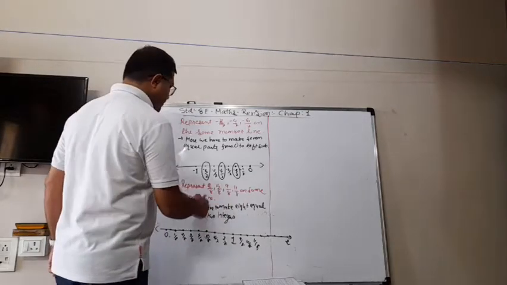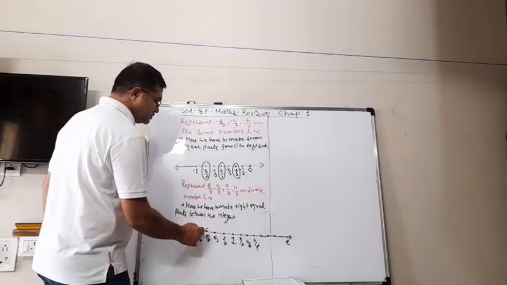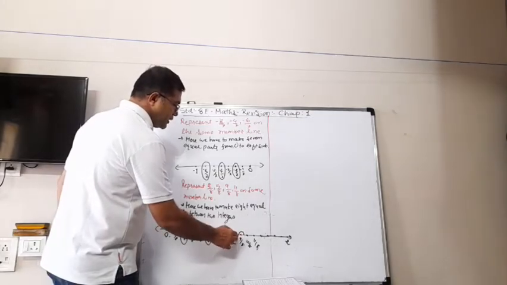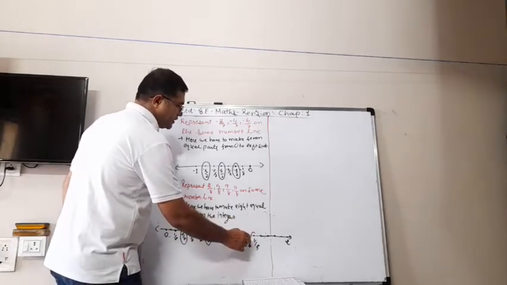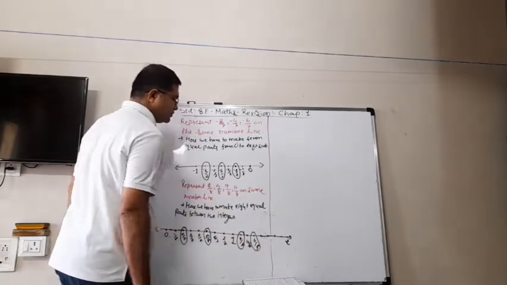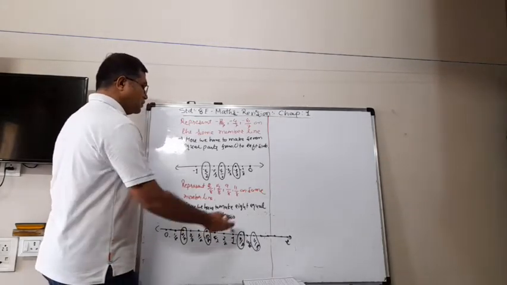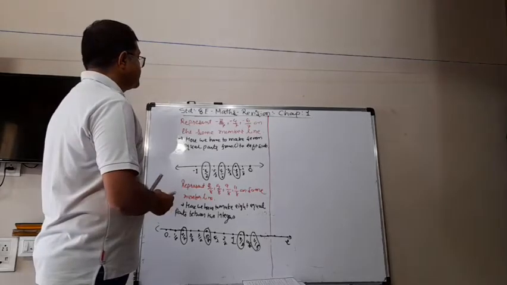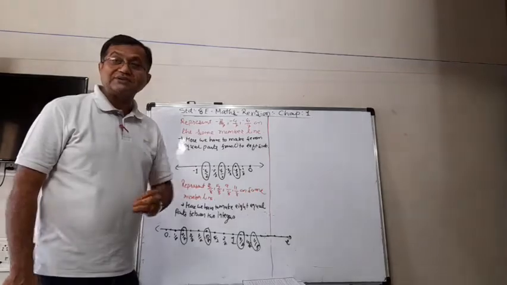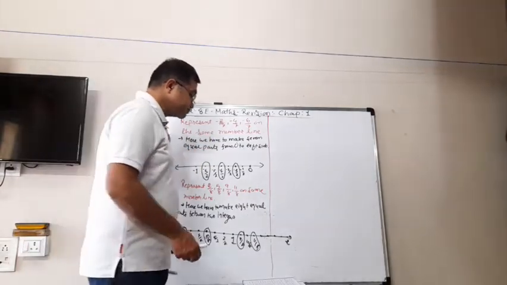Now up to 11 upon 8, we will make the circle again: 2 upon 8, that is our 5 upon 8, that is our 9 upon 8 and that is our 11 upon 8. Maybe there is more, 13, 14, 15, 16, 17 also we can write down easily. So that is how we represent. If there is the same denominator, then we have to represent them all on the same number line.